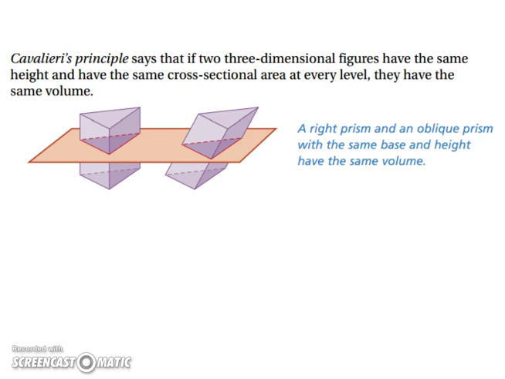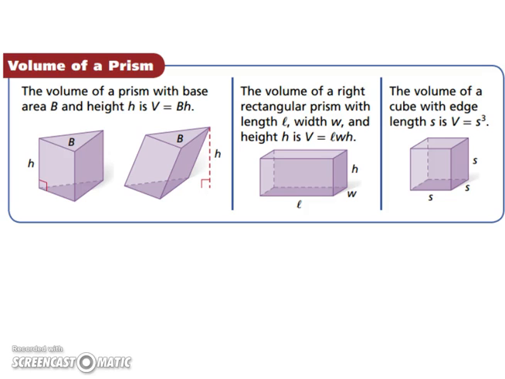So, with that in mind, the volume of a prism with base area B and height h is: the volume equals the area of the base, whatever that happens to be, times the height.